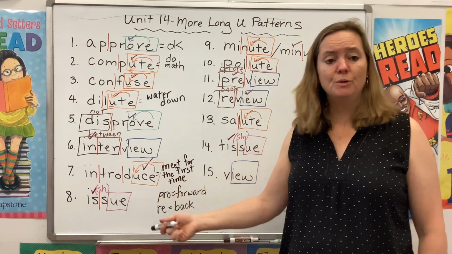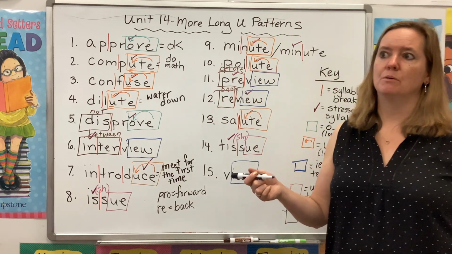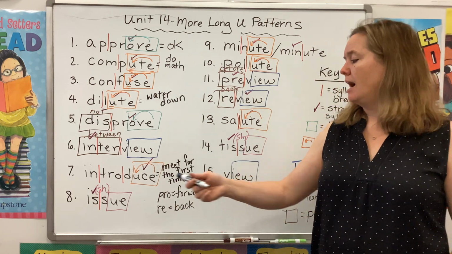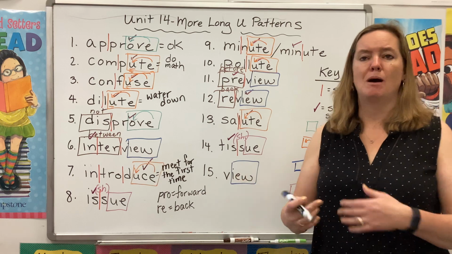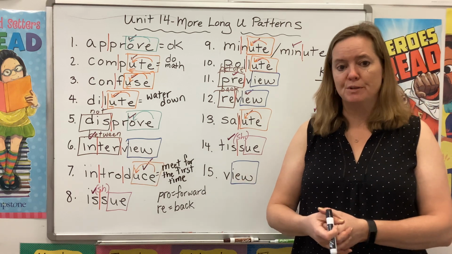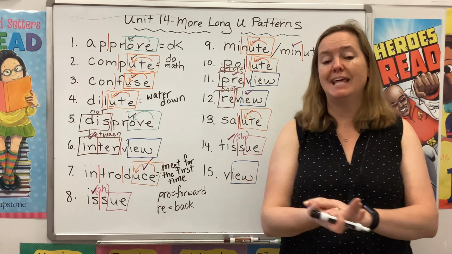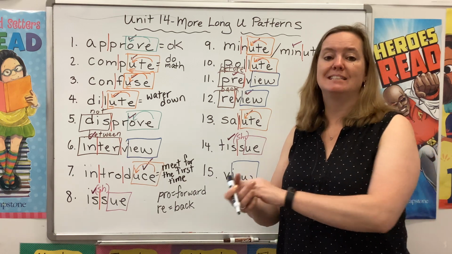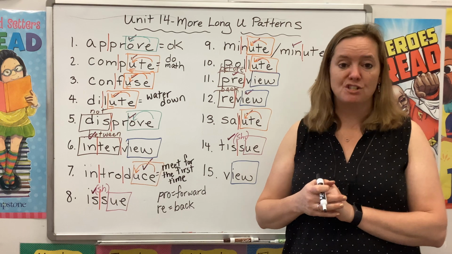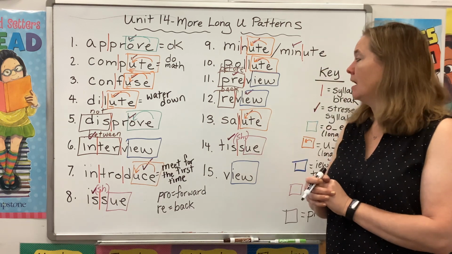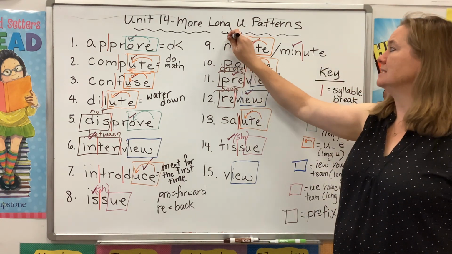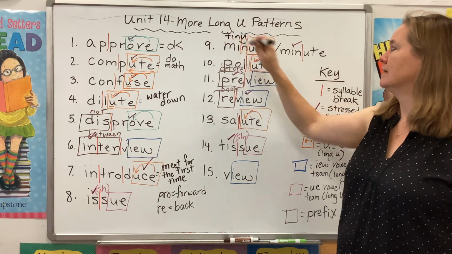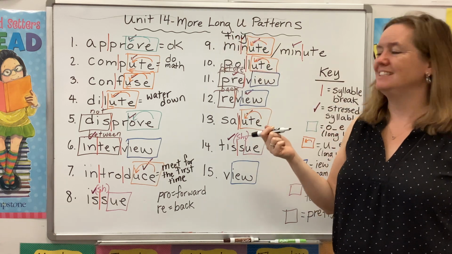Issue could be a problem, like, oh, we're having an issue again. It could also be, if you're talking about magazines or newspapers, you could say, oh, did you see the latest issue of Sports Illustrated? Did you see the latest issue of Ranger Rick magazine? Minute, I said, means tiny. Minute means 60 seconds.